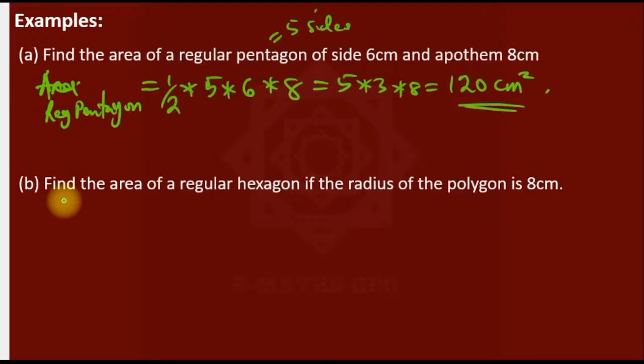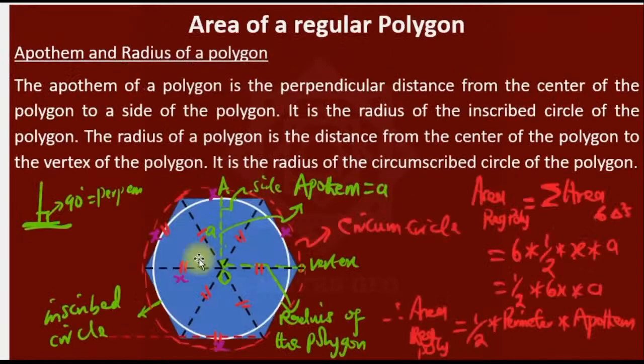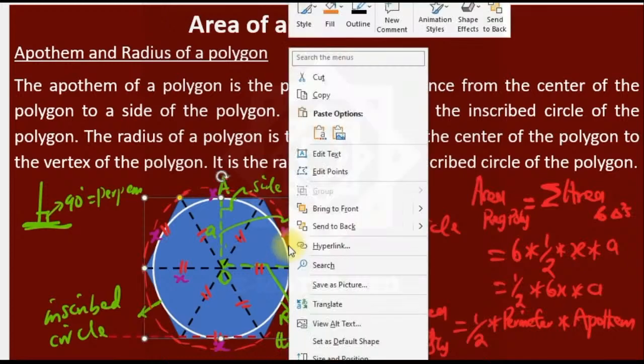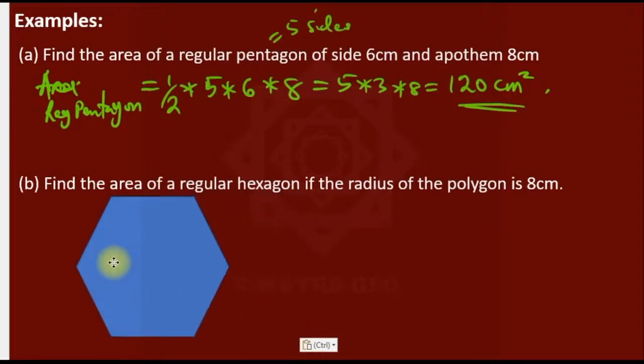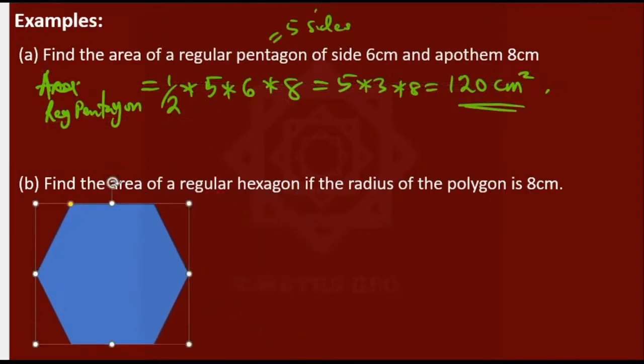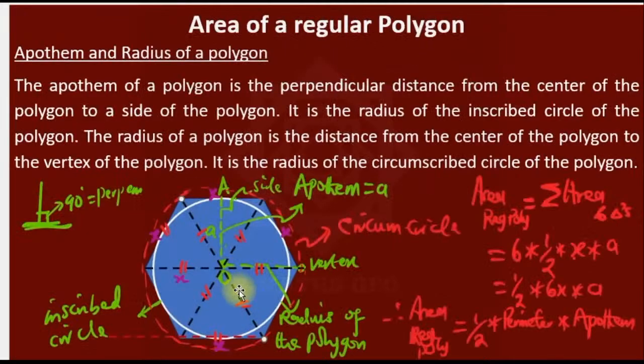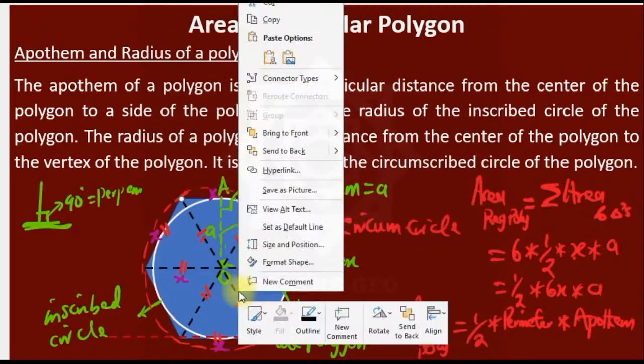And this one: find the area of a regular hexagon if the radius of the polygon is 8 cm. So this is a technical question. Let me copy this and use it as the solution, so that you see what is happening.